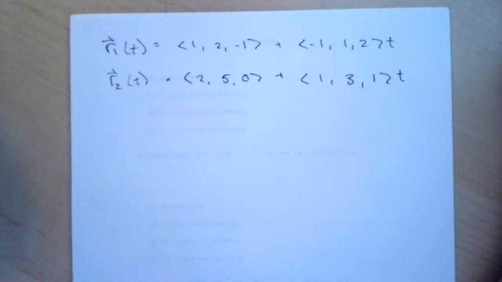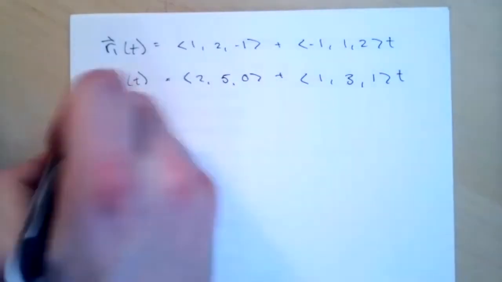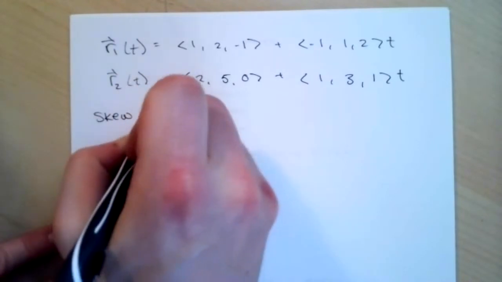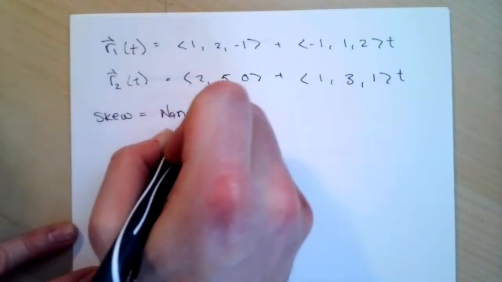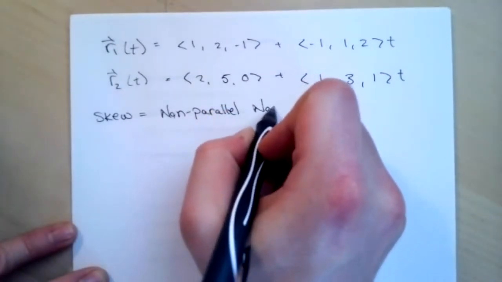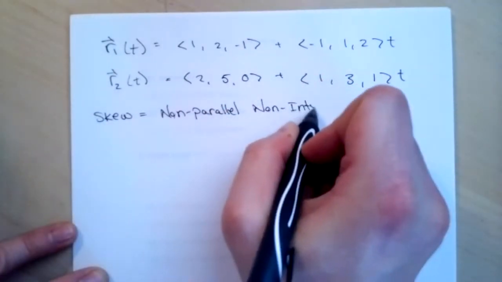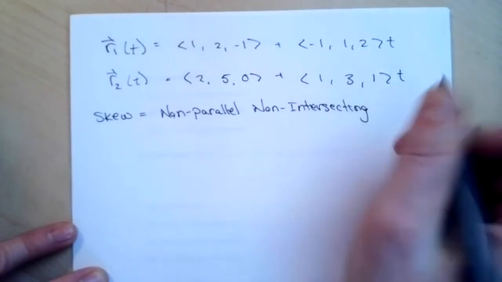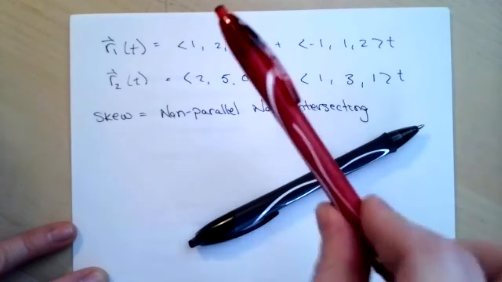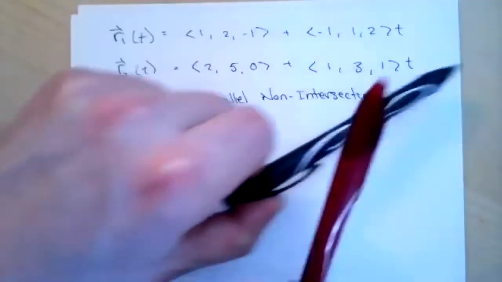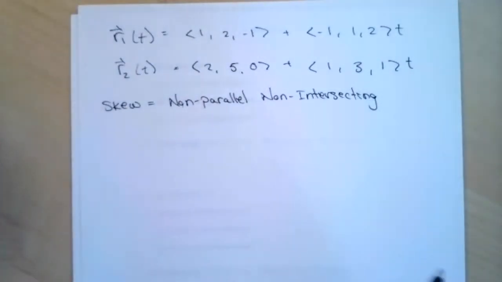That's essentially what skew means: non-parallel, non-intersecting. Because we can have one line and then some other line sitting above it, traveling in different directions, never touching each other.